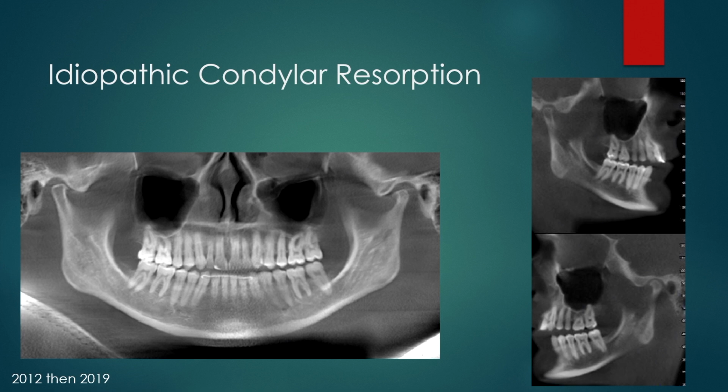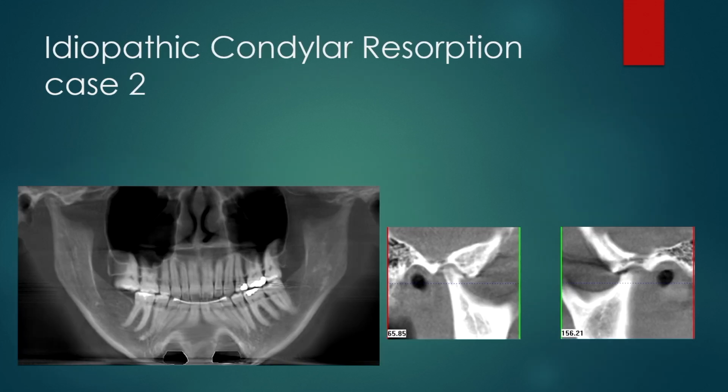She used to have good occlusion. She's been through orthodontics. You can even see her mandibular fixed retainer there. They used to touch. Then her condyles deteriorated. Her mandible came back and seated, so now she has an anterior open bite. So that's something to be on the lookout for.